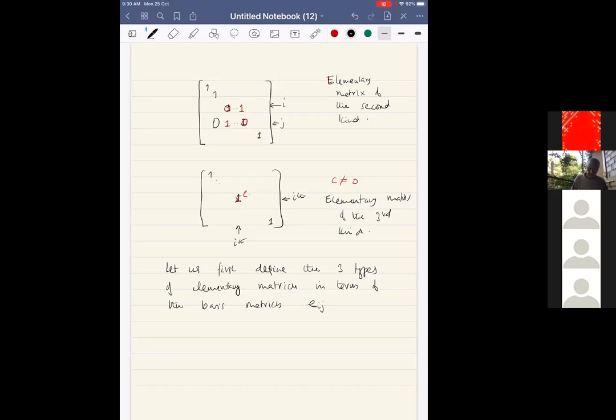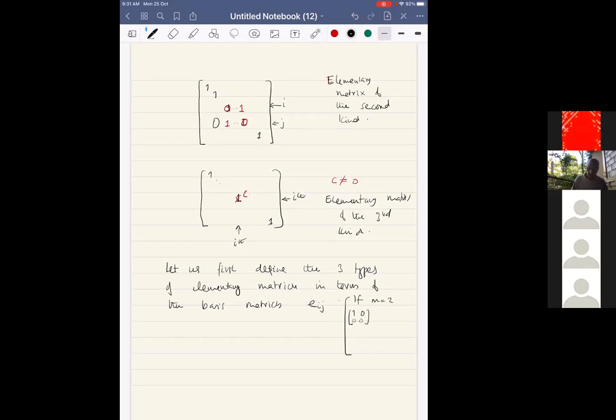So for example, if m is equal to 2, there are 4 of them.